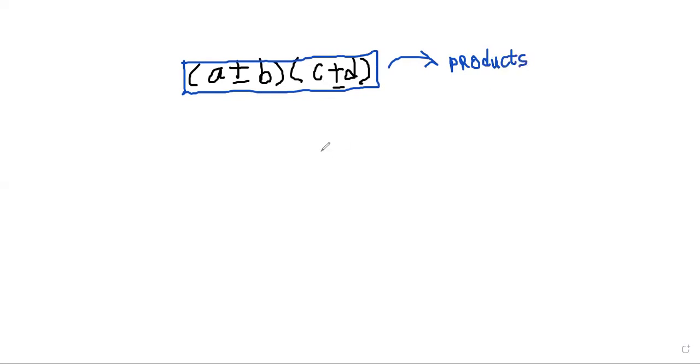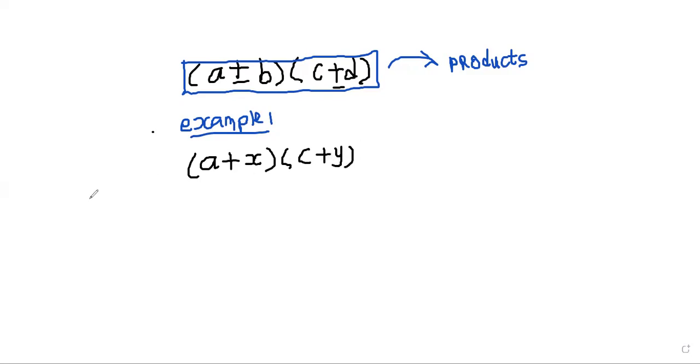One thing that you need to understand is that if I were to do example number one, for you to master products under factorization, let's say they give you (a plus x) and (c plus y).